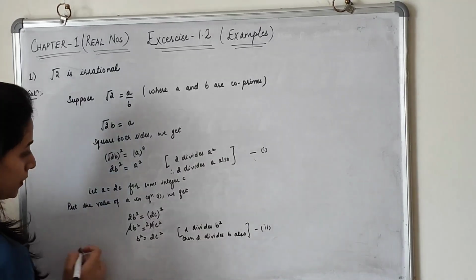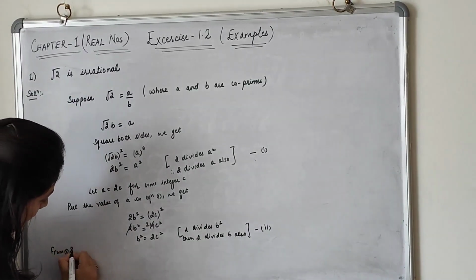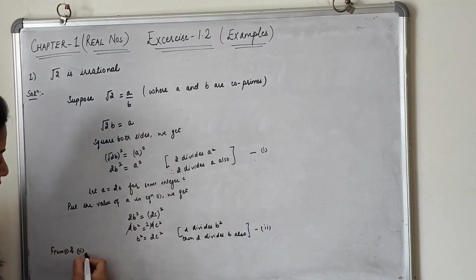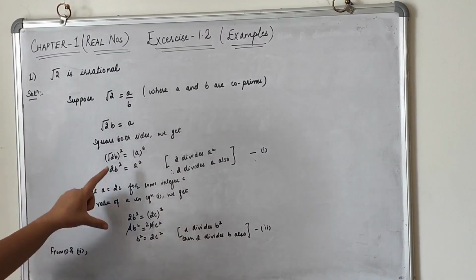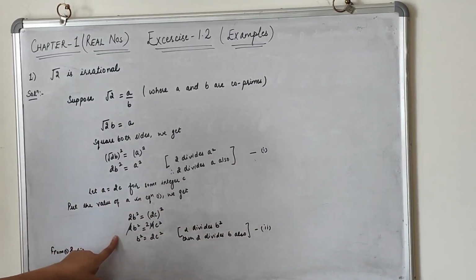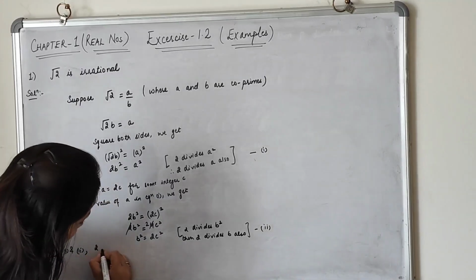From 1 and 2, what we observe? From 1 and 2, 2 is a common factor in these two cases. 2 is a common factor.